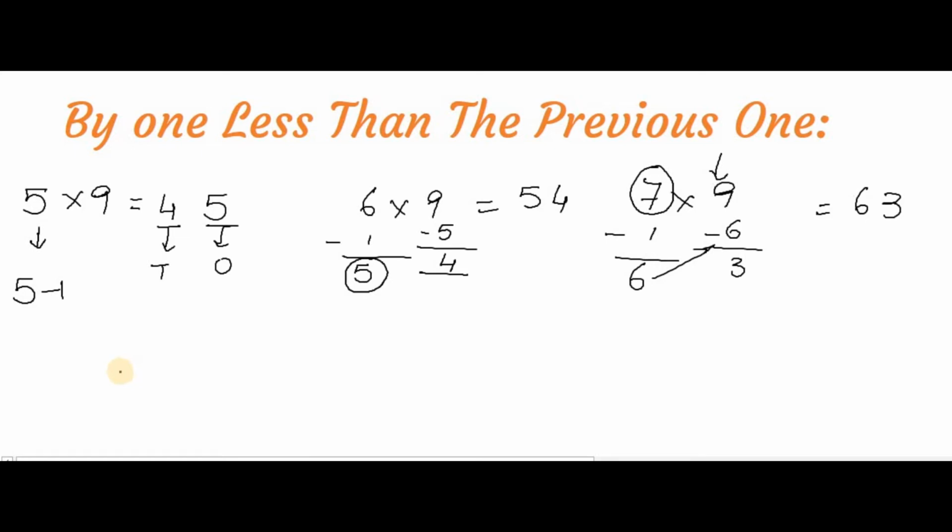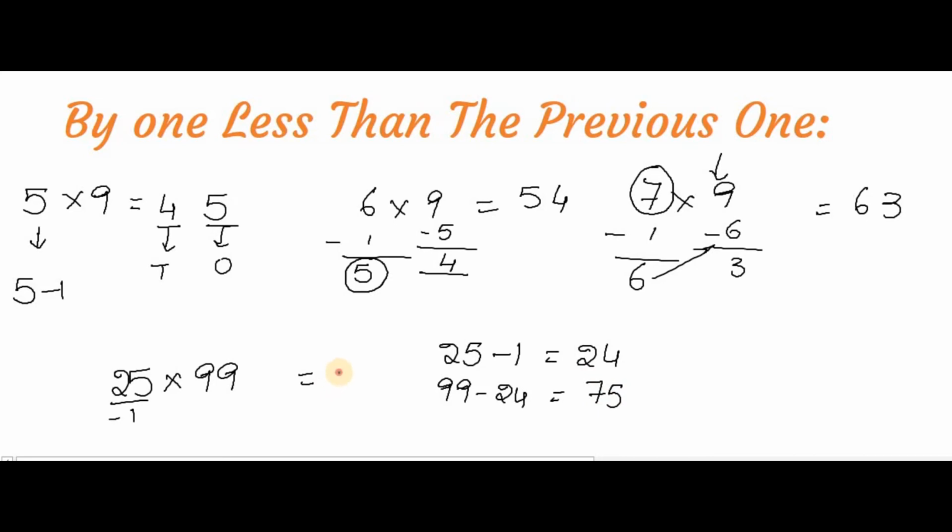Okay, now we'll go for 2 digits, the same procedure. 25 multiplied by 99. Now you just see here, 25 minus 1, that is 24. And from 99 you should subtract 24. What you'll get? 75. So the answer is 2475.